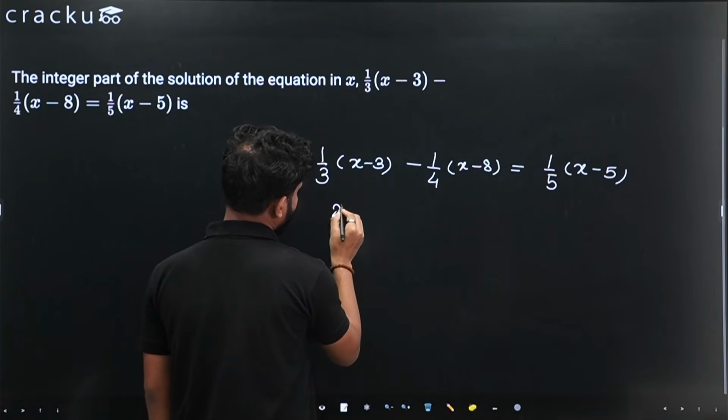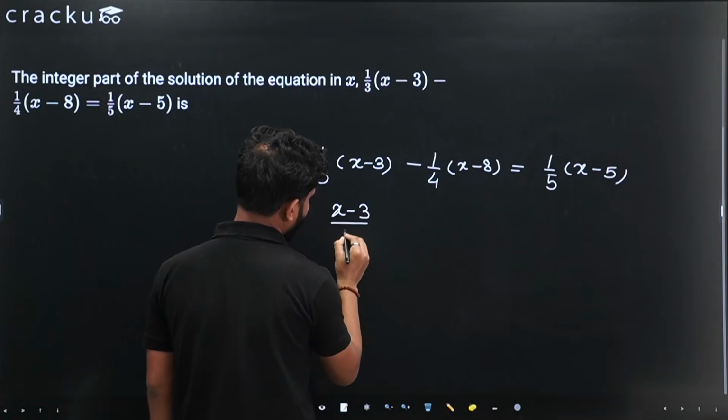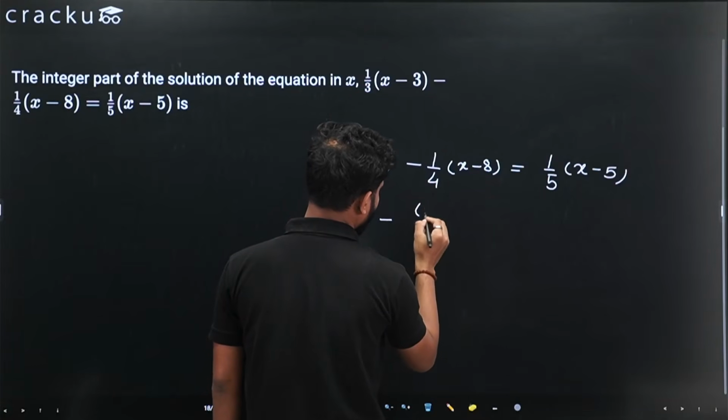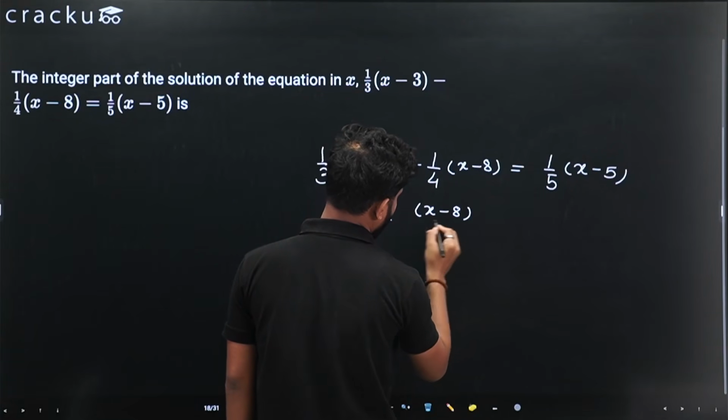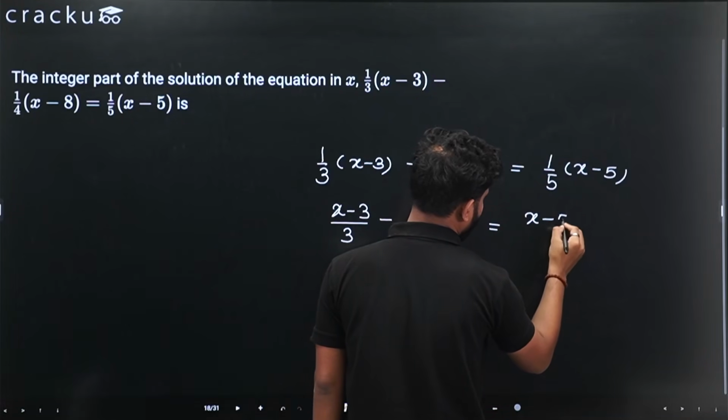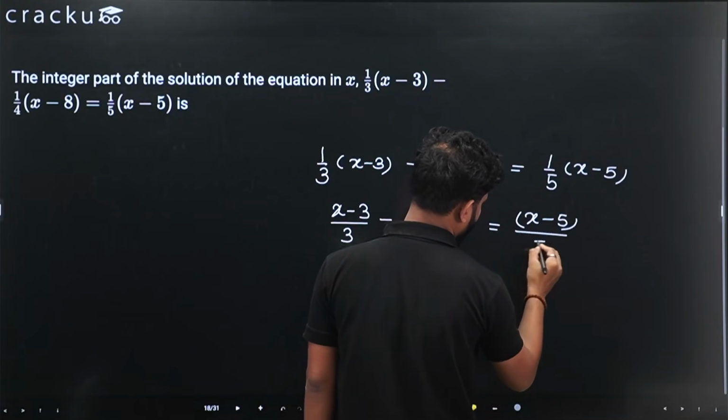So this is (x minus 3) divided by 3 minus (x minus 8) divided by 4 is equal to (x minus 5) divided by 5.